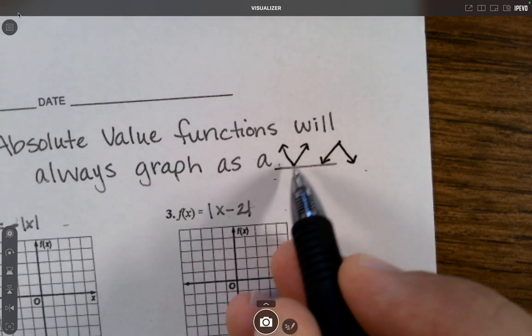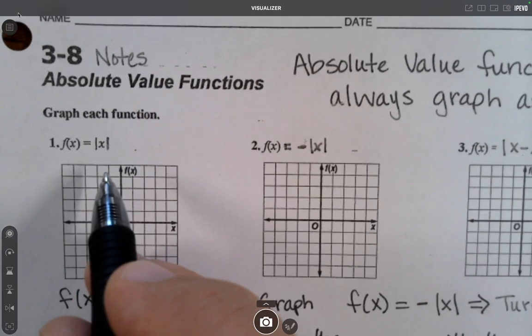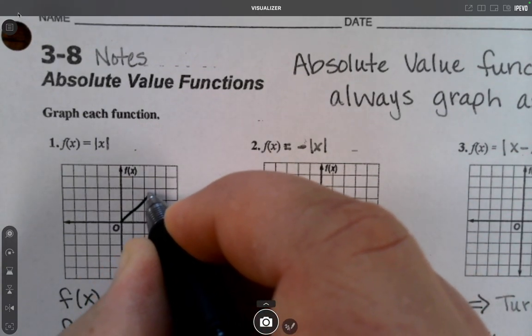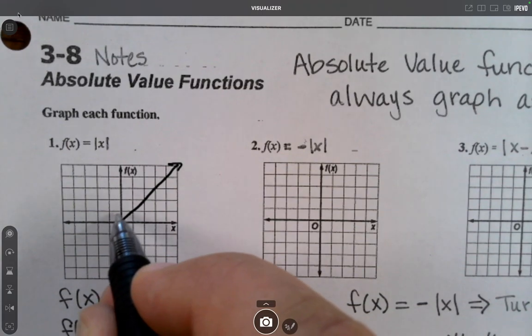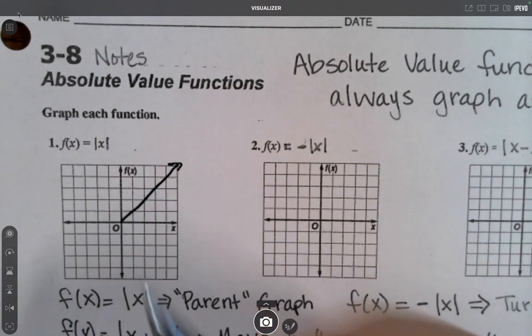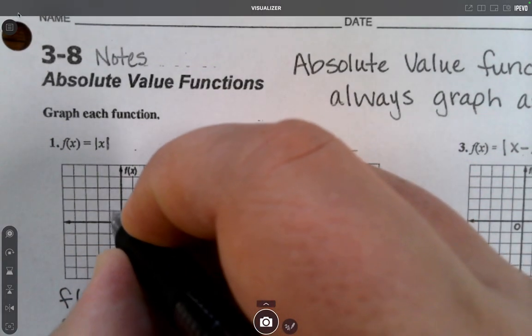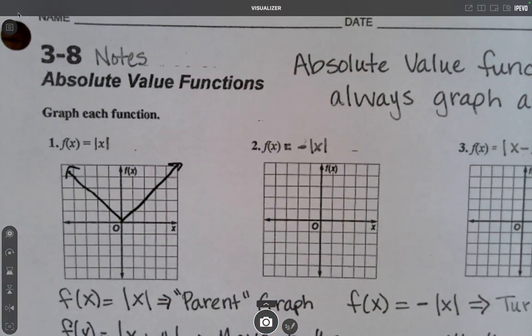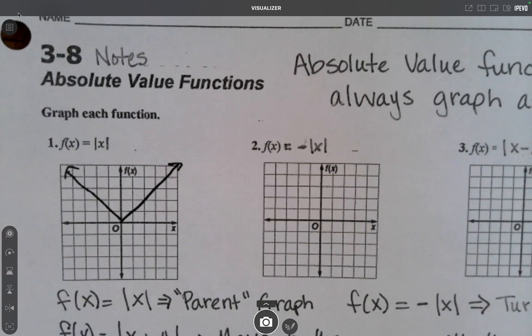So it's really kind of two straight lines, but it has a corner, and that corner is called the vertex. So for the original function, the vertex is right at the origin, and then it follows straight up. It just goes up 1 over 1, up 1 over 1, up 1 over 1, and so on. And then does the same thing in the opposite direction over this way. So that's what the absolute value of x looks like.